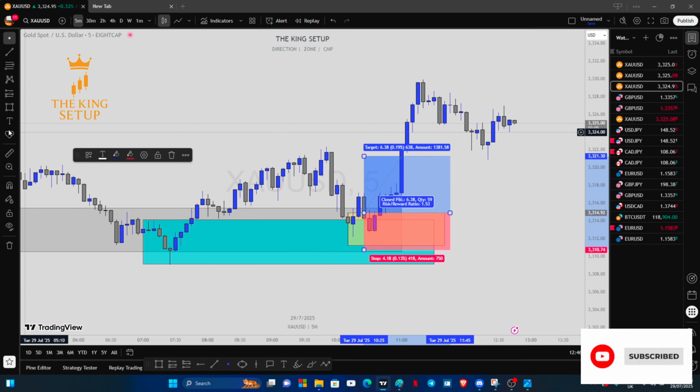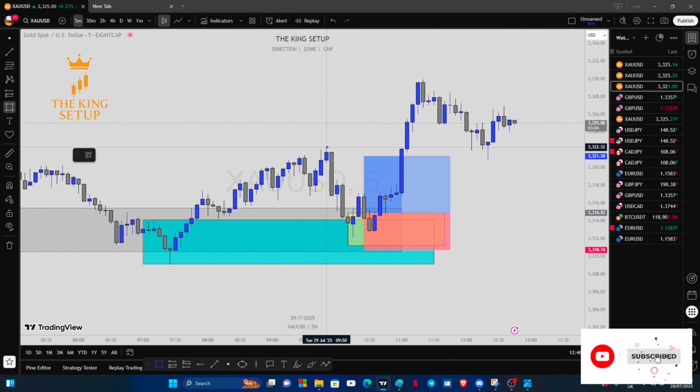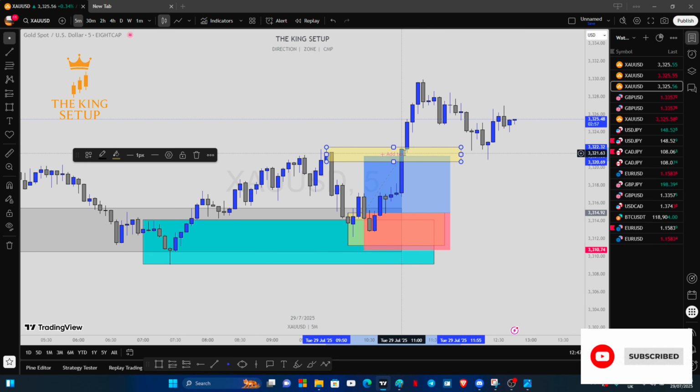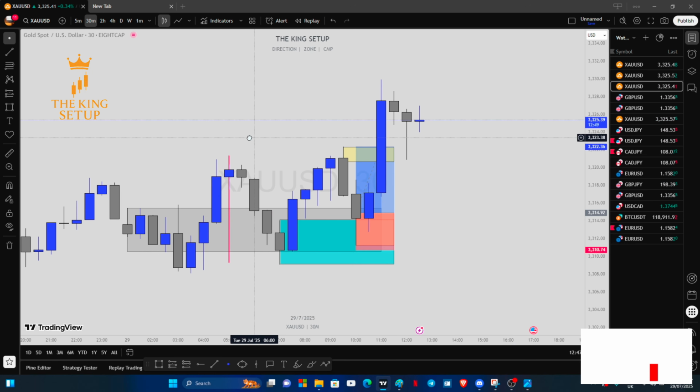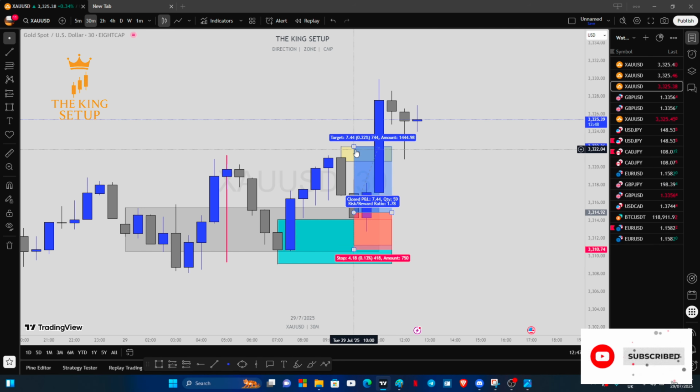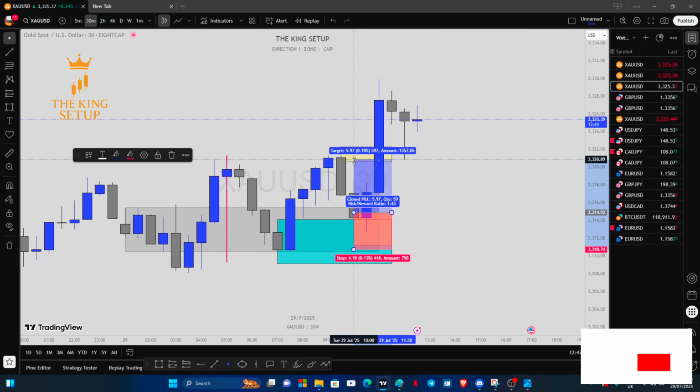As I always say, this was supposed to be your first take profit because we had this M5. Maybe the price would have reacted around here because, as you always know, the price will always react to the first engulfing. Or you can use M30 to take your first TP. So this was your first take profit around here.